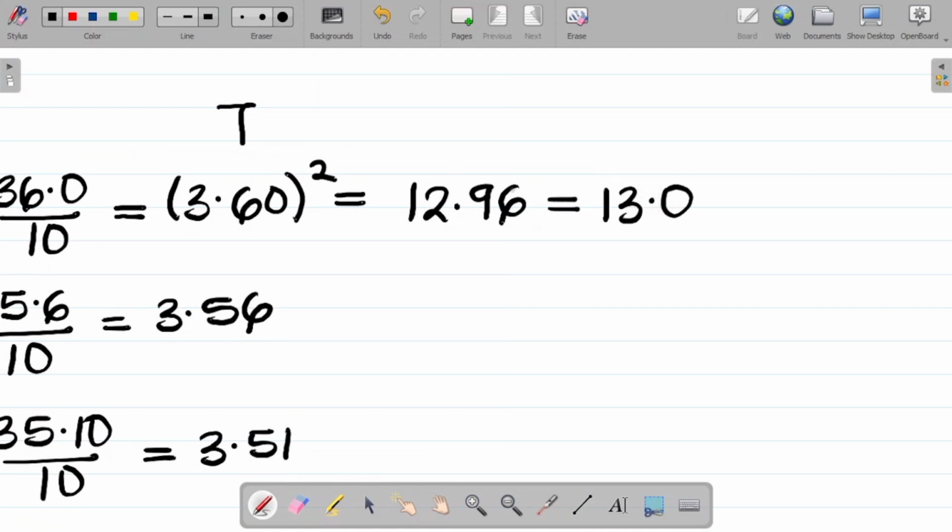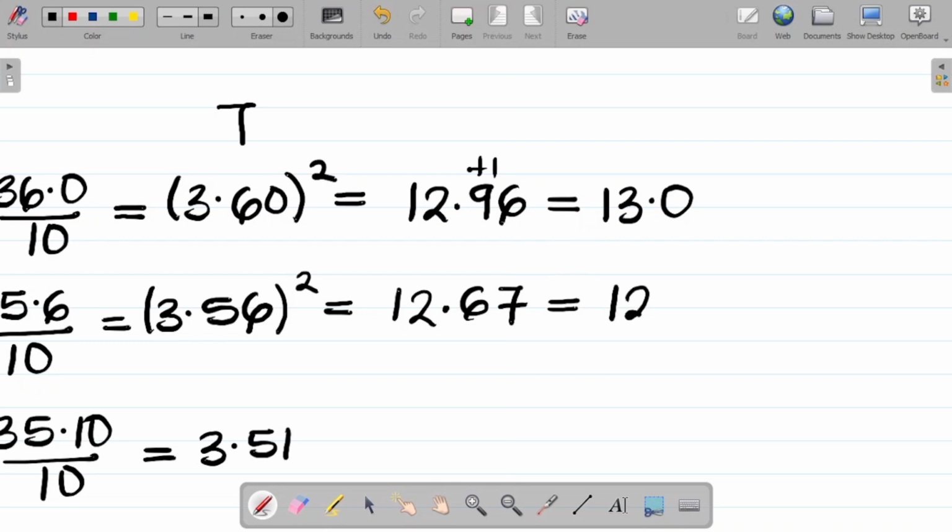So this will be equal to 13.0 in one decimal place. 6 gives you a plus 1, so 9 plus 1 gives you 10. That gives you 13.0. I would square 3.56 and that gives you 12.67 as your answer. 12.67 in one decimal place gives you 12.7.